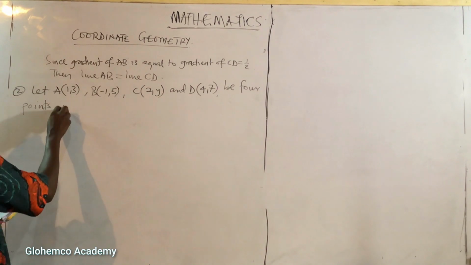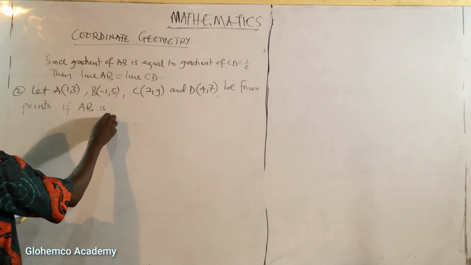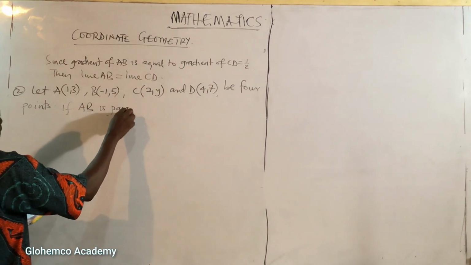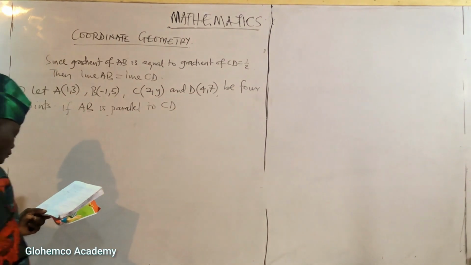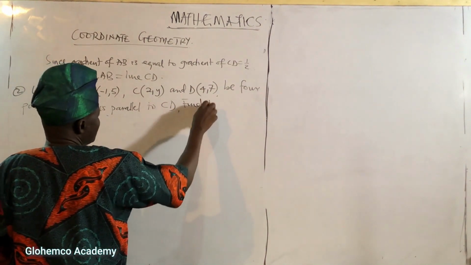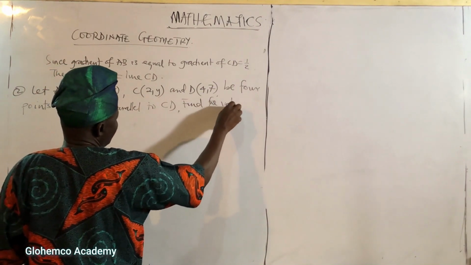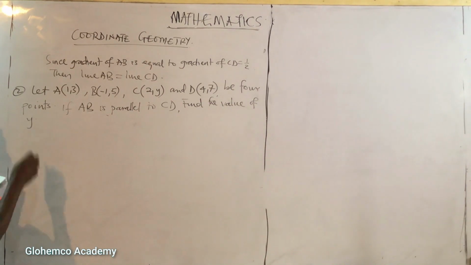If AB is parallel to CD, then find the value of y.